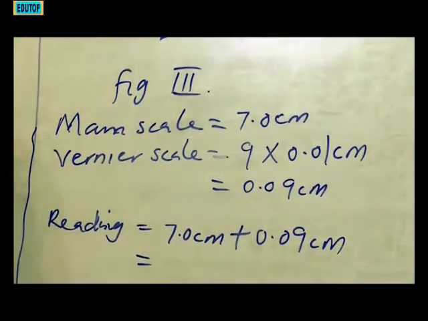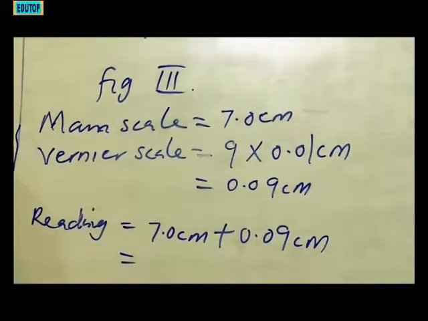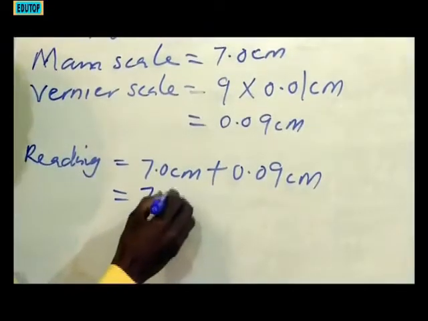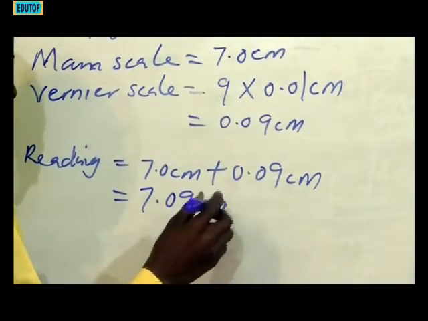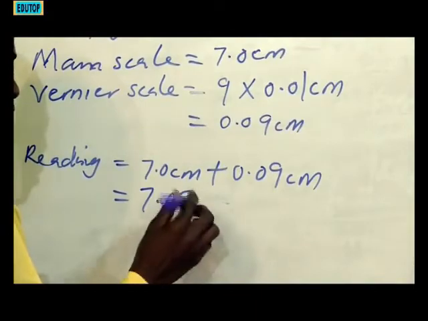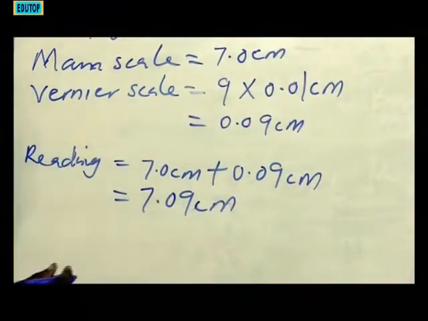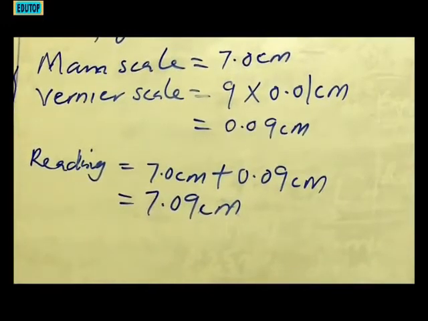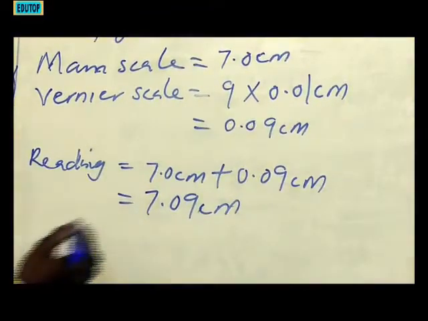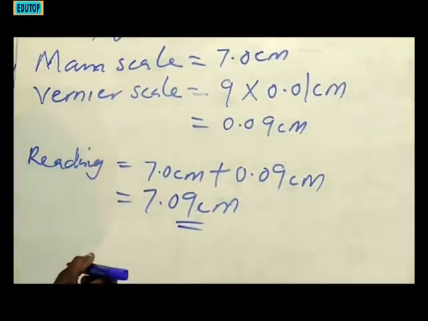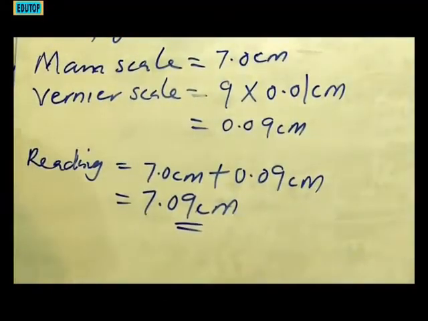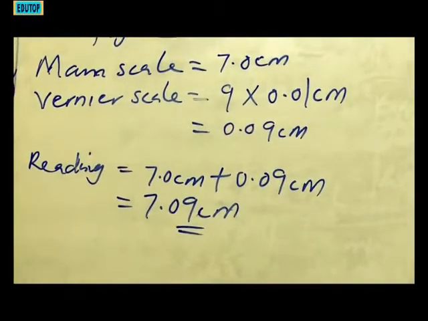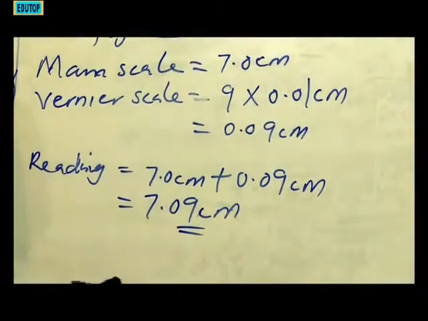If you add this together, you are going to have 7.09 centimeter, because we are calculating it in centimeter. But I've told you, it can be calculated in centimeter, it can also be calculated in what? Millimeter. So that is the answer for this now. So that's all about vernier caliper and then micrometer screw gauge.